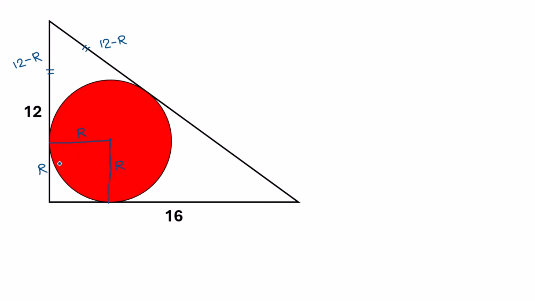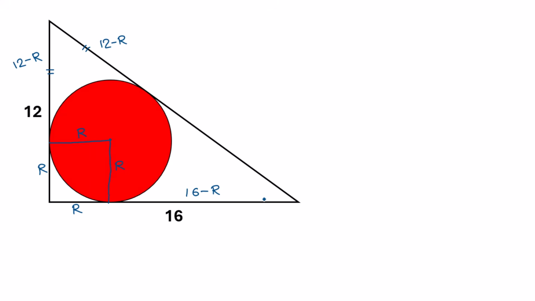Again, as this is a square, this length will also be r, and the total is 16 unit and this is r, so this length will be 16 minus r unit.